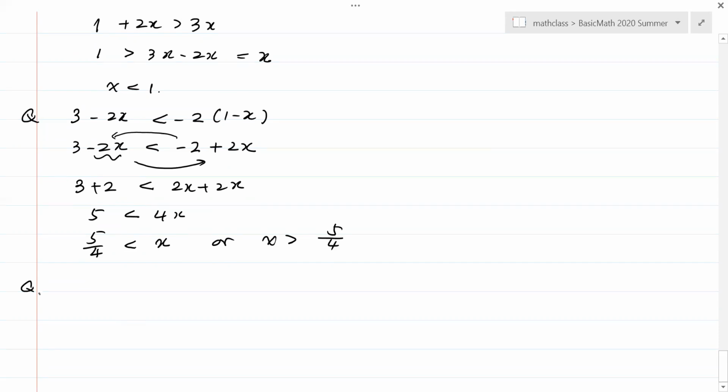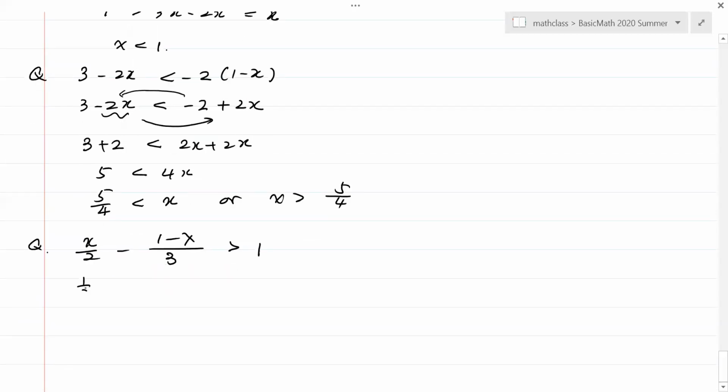Okay. So now we have, inequality sometimes looks a little bit strange, like it could be x over 2 minus 1 minus x over 3 greater than 1. So this is actually the same as 1/2 of x minus 1/3 of 1 minus x greater than 1. Okay, it's the same, just a different way that you express it.